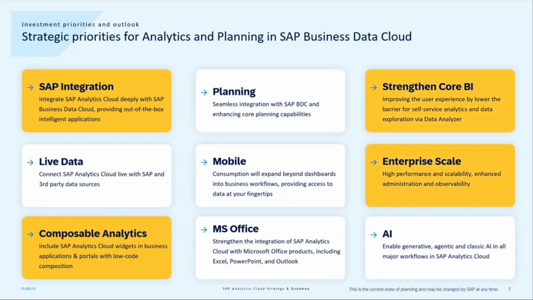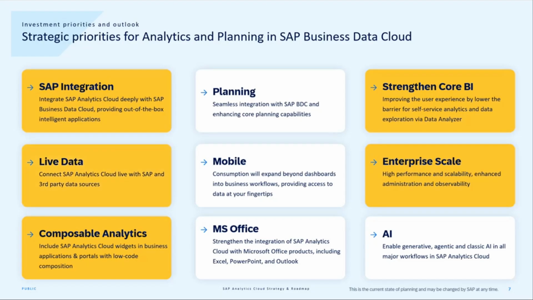Another super important area going forward is to continue to invest into enterprise-ready capability. Sometimes I say that Business Objects is a grown adult when SAC is still an adolescent, which just turned 10 years old. So we know we need to continue on scalability and core AI, core BI features to compete with our main competitors, which I will not mention.